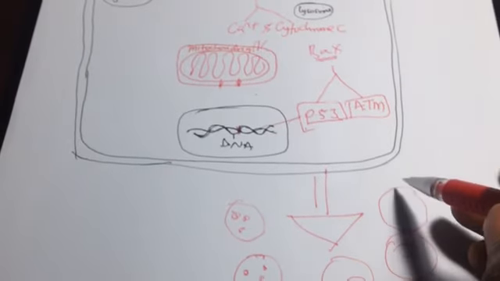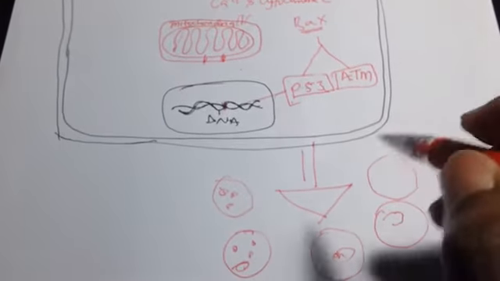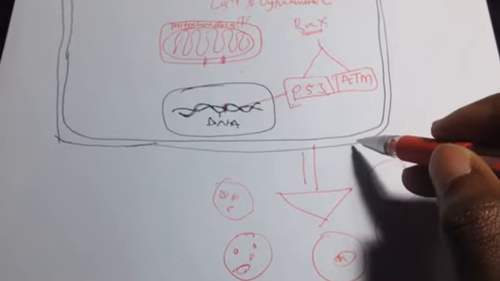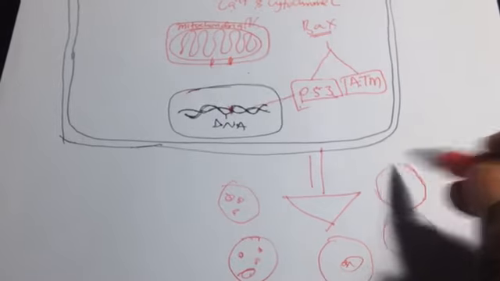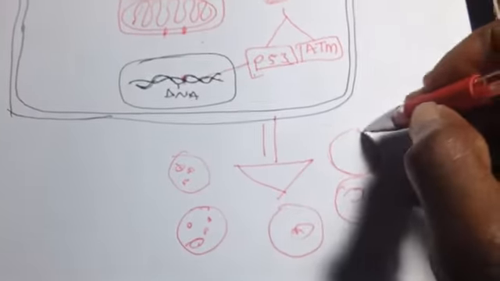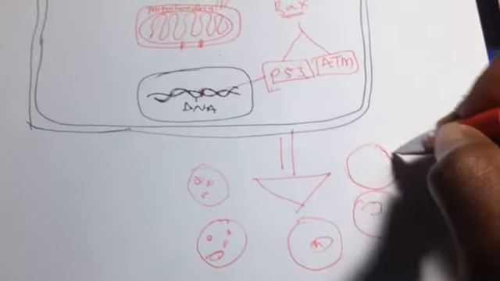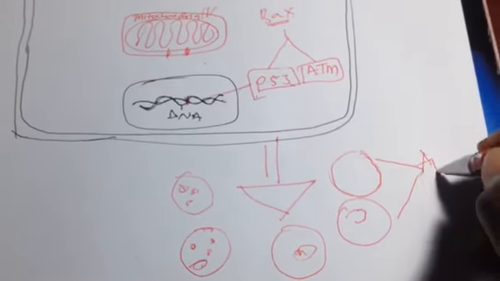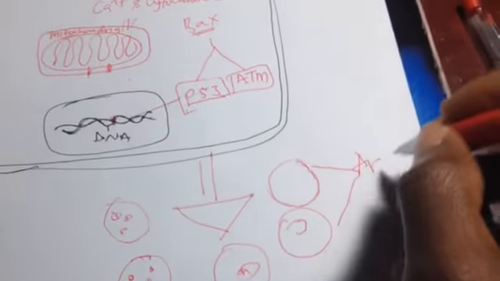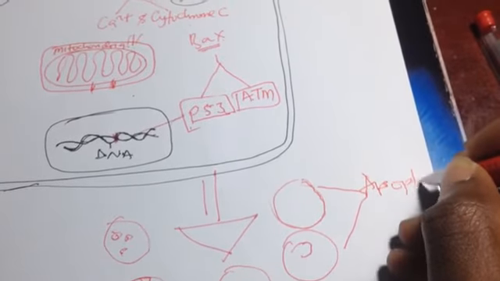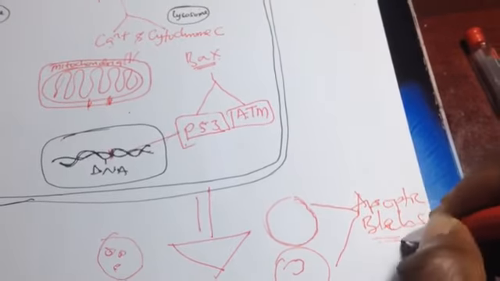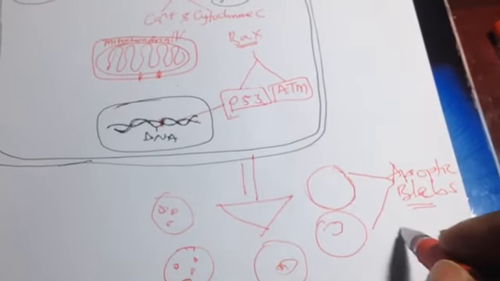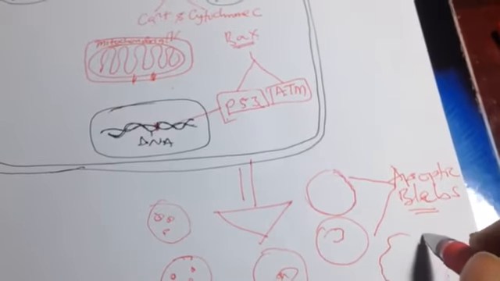But we have to know that the important point in apoptosis is that the cell membrane is intact in each of these apoptotic blebs. These things the cell transforms into are called apoptotic blebs. What happens to these apoptotic blebs is that macrophages will perform their function here.